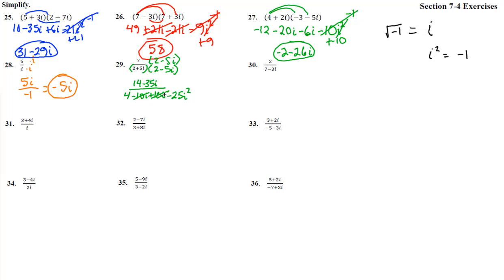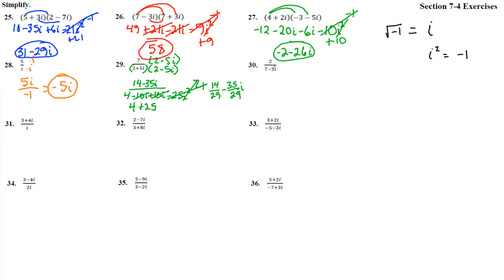Notice the i's canceled. The i squared turns into a -1, which means this is 4 plus 25. That's 29. So we get 14 minus 35i over 29. We can write it like 14 over 29 minus 35 over 29i, the real component and the imaginary component, just like that.